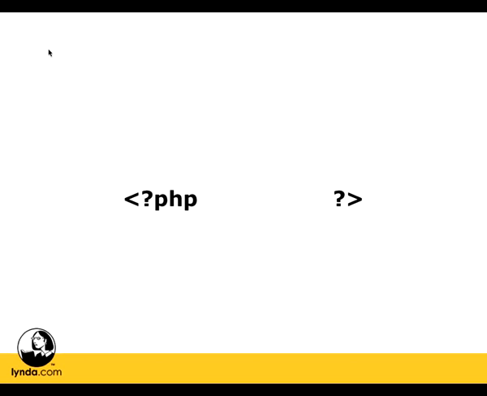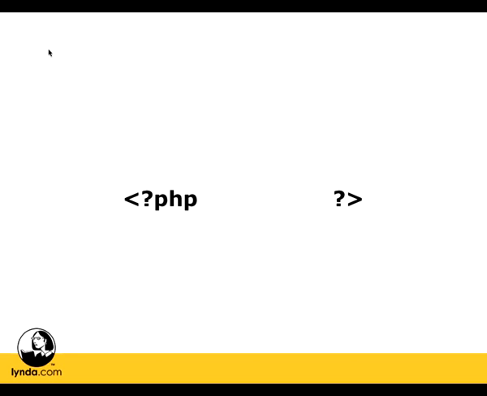I want to look at the first and third parts of that, which are the tags that tell it to begin and end PHP commands. We talked about in the introduction that PHP can be embedded in HTML, and this is the mechanism that makes that happen. When our server accesses the web page, it knows to be ready for PHP because we have the .php extension, but it still needs some indication of where HTML starts and stops and where PHP starts and stops.